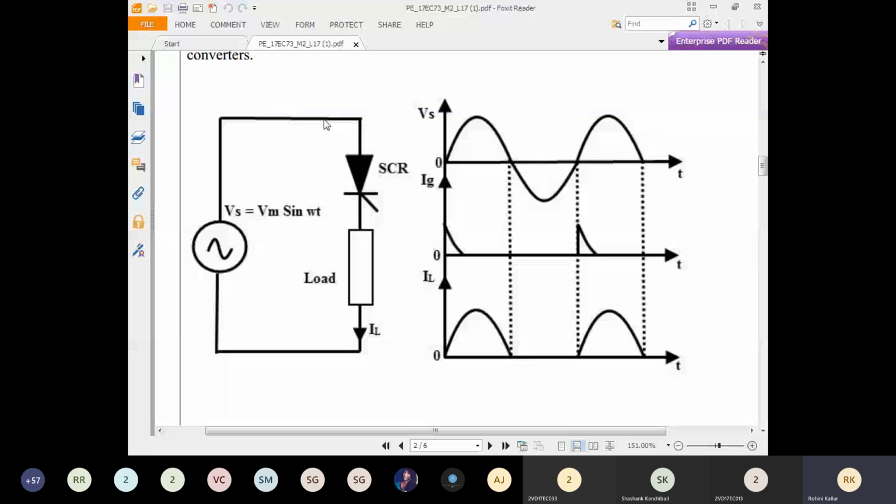We have seen the layer structure, correct? It has 4 layers and 3 junctions. So when I apply the anode of the SCR with a positive supply and the cathode with a negative supply, what is happening in junctions J1, J2 and J3?